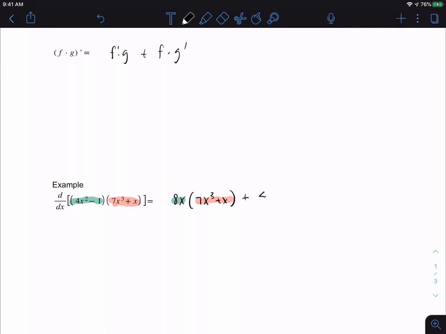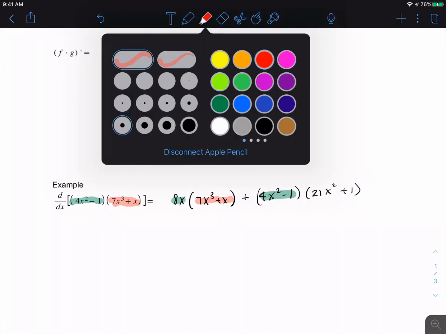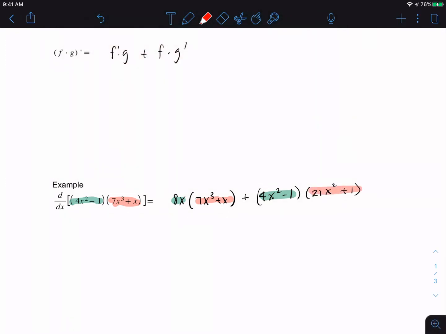Plus the first, not changed, right? And then the derivative of the second. And the derivative of the second would be 21x squared plus 1. And there's that. Okay? So we see it: f prime times g, plus f times g prime.